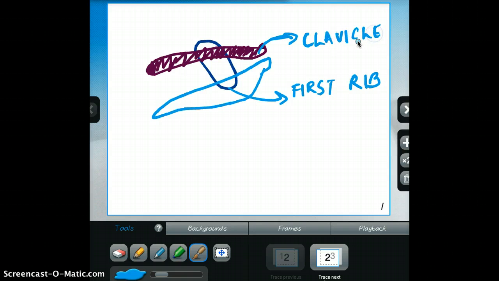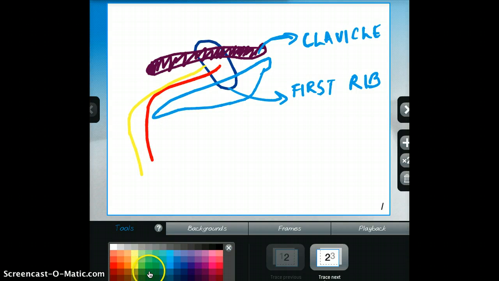So why is this outlet of such importance? The reason is that there is an artery that's coming out of here. There's a nerve that's coming out of here. And if there is compression of this outlet, then there is impingement of this artery and of this nerve.